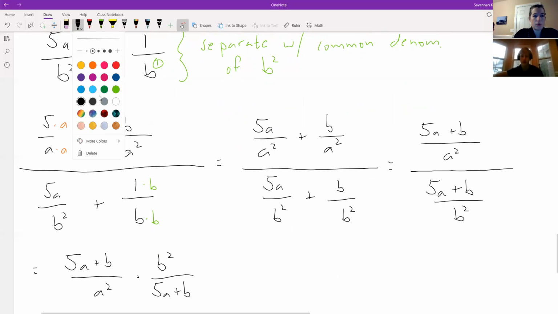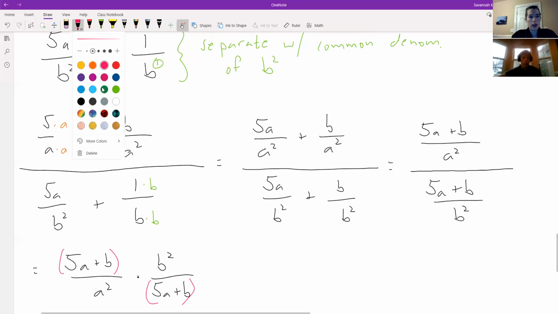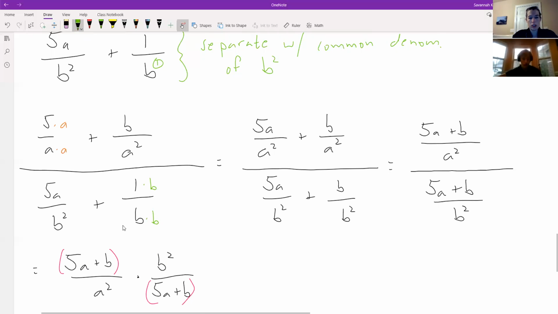And just because I'm sort of obsessive about this, I'm going to put parentheses to protect my little addition problems there, just so that we're not tempted to try and cancel out half of an addition problem. Okay, and when we do that, hopefully it becomes clearer to see that it is the addition problems that we're going to cancel.